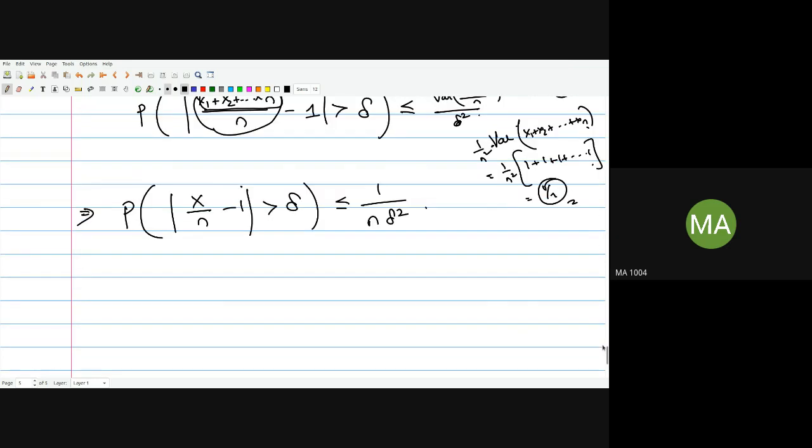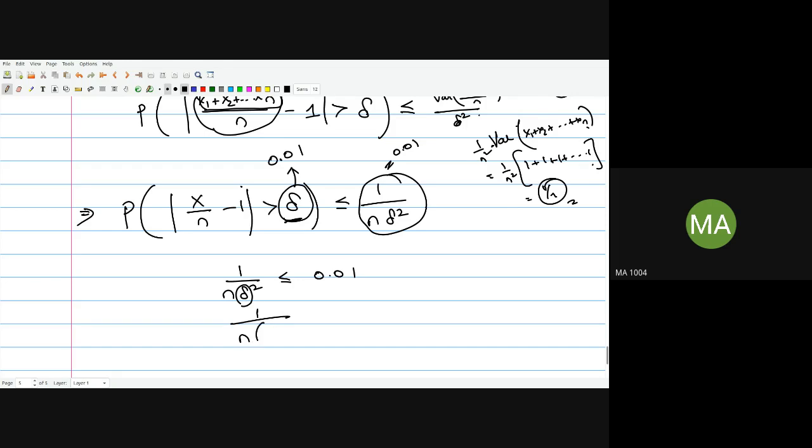In the question, if you observe, this delta is given to be 0.01, and it is given that the probability is less than or equal to 0.01. So 1 by n delta square should be less than or equal to 0.01, and we know the delta value also.